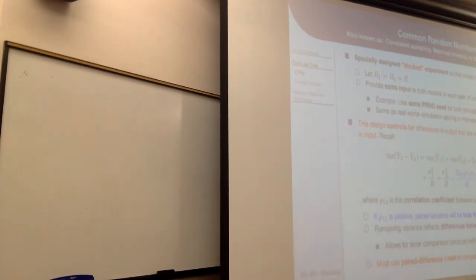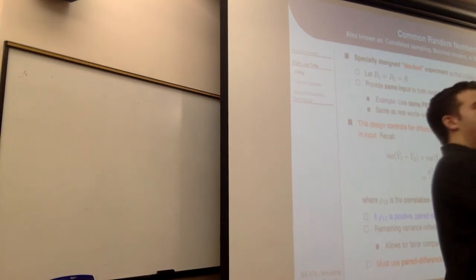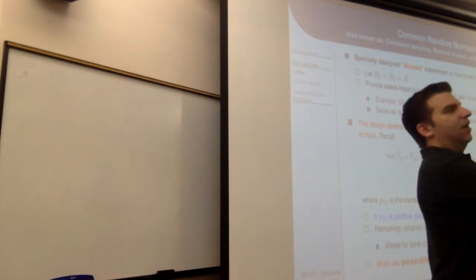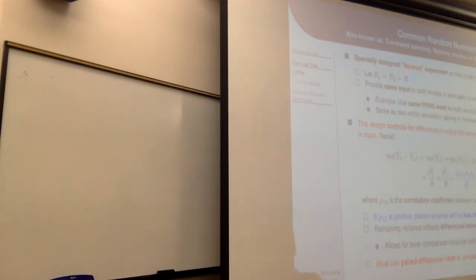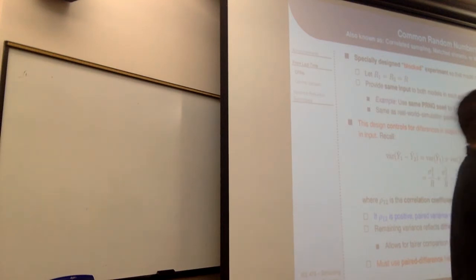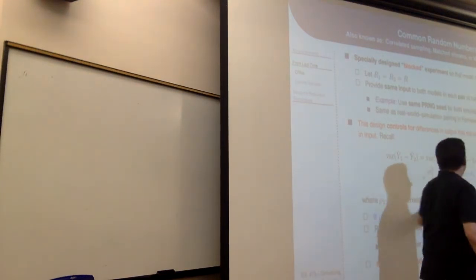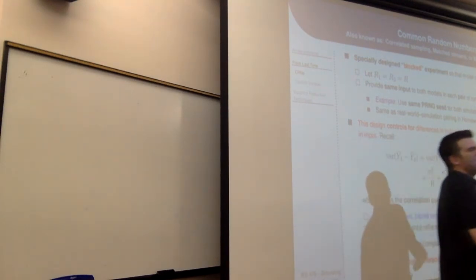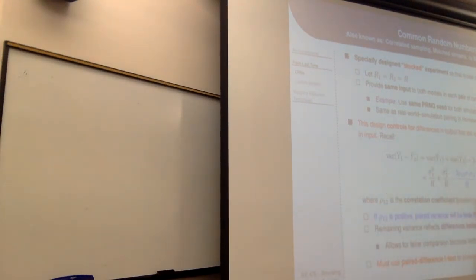If in both models I put a big burst of traffic right at 9 a.m., followed by not much traffic after that, that puts a strain on both of them, so both of their wait times go up. Then that's an opportunity to reduce the variance in the comparison between the two, because they're stressed by the same types of inputs. For every type of input, I just look at how differently they're stressed.